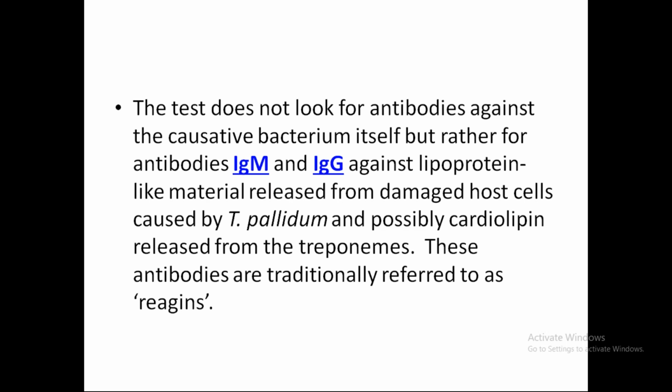These antibodies are traditionally referred to as reagins. So, the RPR test usually does not look for antibodies against the bacteria, but for antibodies such as IgM and IgG against the host cells which have been damaged by the bacteria.